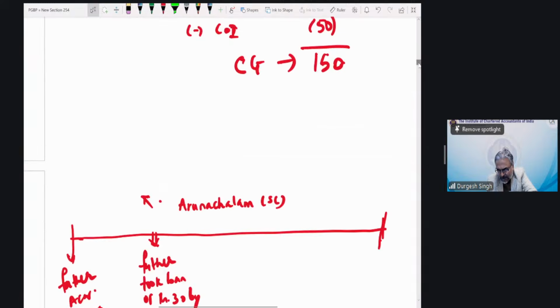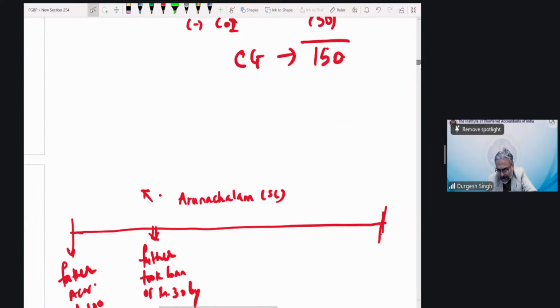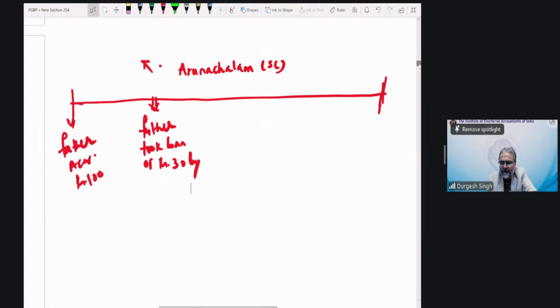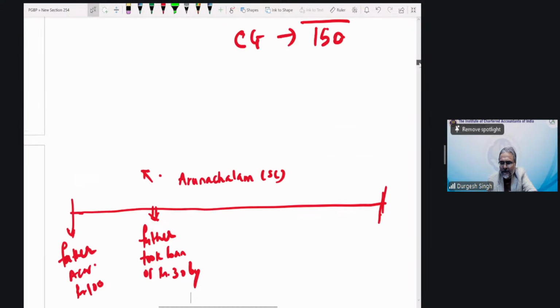Father has taken the loan, students, by mortgaging the asset. After that, again the same thing, son inherited the house property.